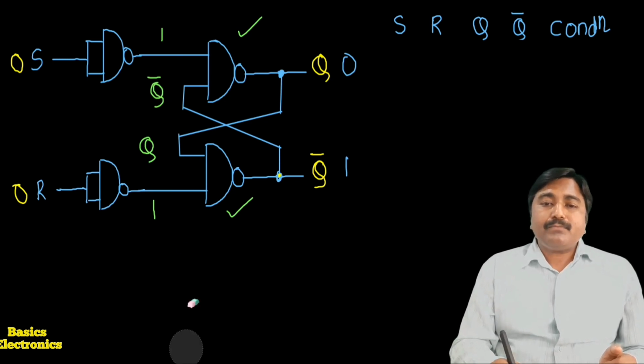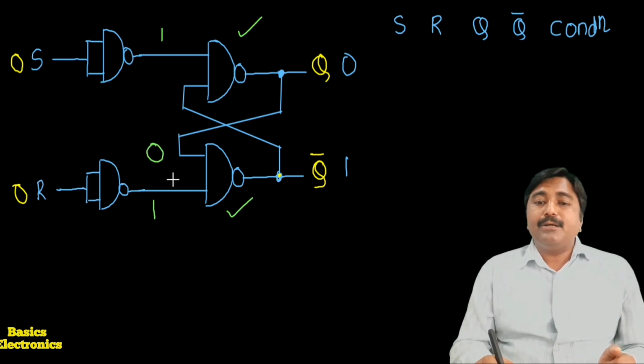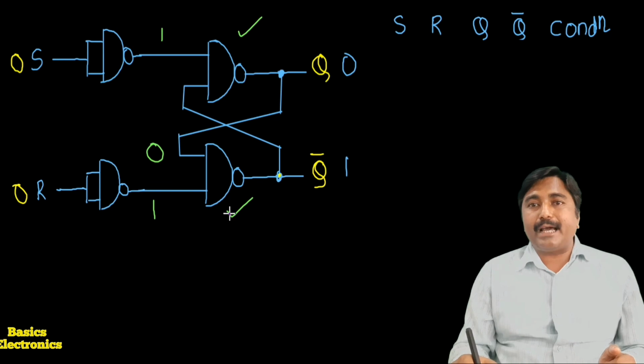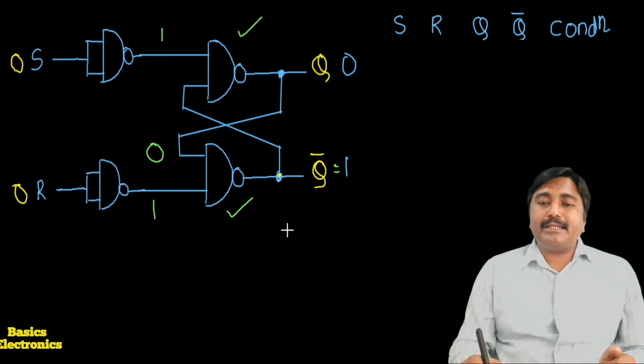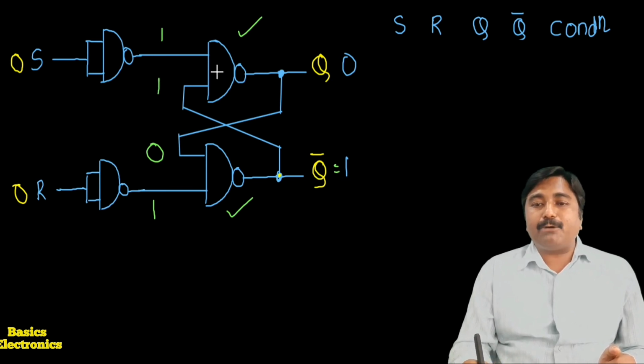So here Q is equal to 0, which means one input of the lower NAND gate is 0, therefore it produces a high output, meaning we get Q bar equals 1. This Q bar 1 is applied as input to the upper gate, so both inputs of the upper NAND gate are 1 1, therefore it produces a low output.